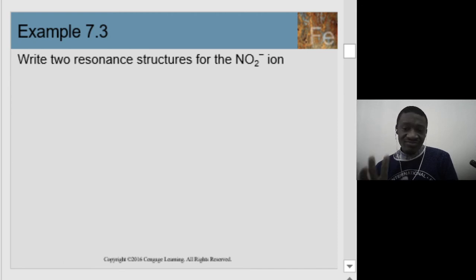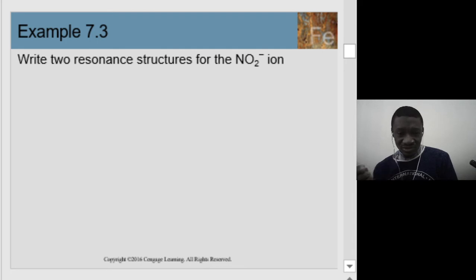So we have an example here, and given that you know what SO2 looks like, I would like you to attempt to draw NO2 minus, which is an ion. So can you please pause the video and attempt to do this? Just draw a resonance structure.